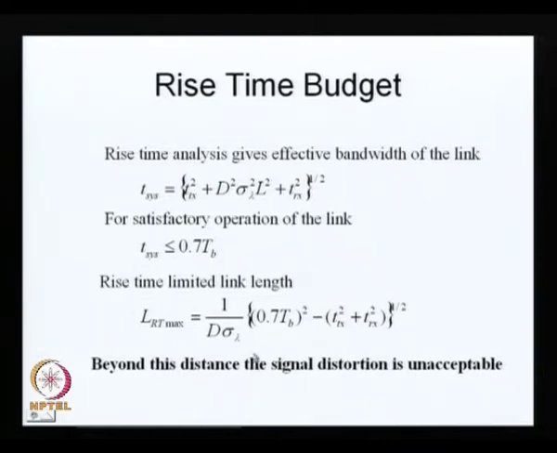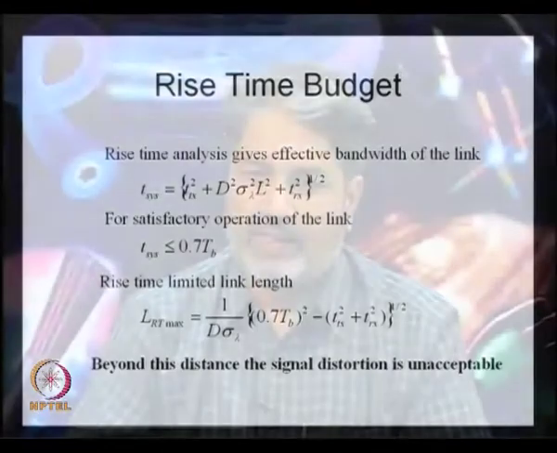So, now we are having two lengths, one is the power budget limited, other one is the rise time budget limited. Over the power budget limited link length, the signal distortion is acceptable, it is not excessive, but the signal to noise ratio is unacceptable.